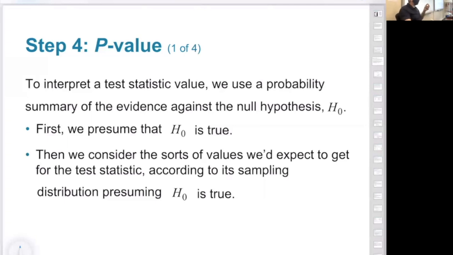If the p-value is too small, which means the probability is so tiny, that means the p-value supports the alternative hypothesis, not the null hypothesis. Or we can say the p-value in this case contradicts the null hypothesis. But if this probability value is large, of course, this supports the null hypothesis.